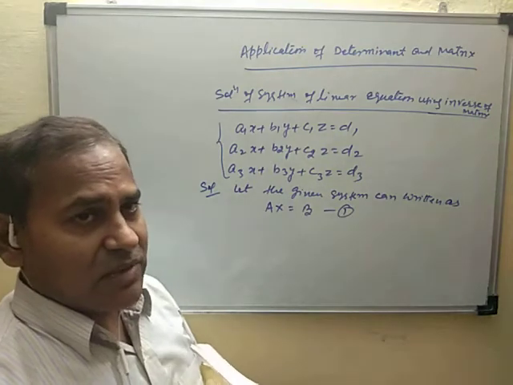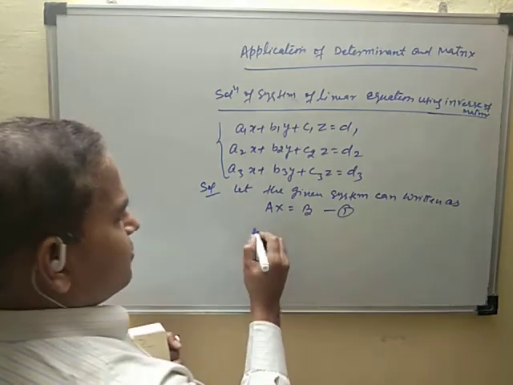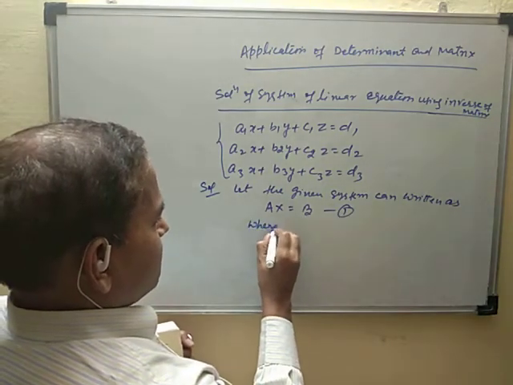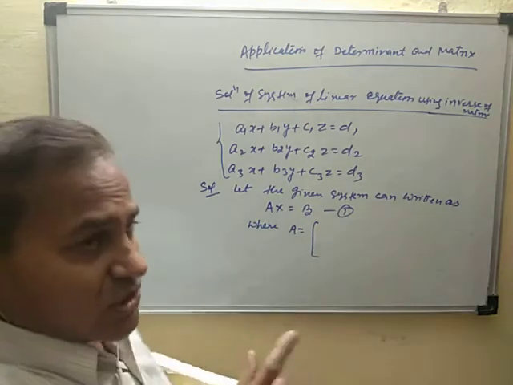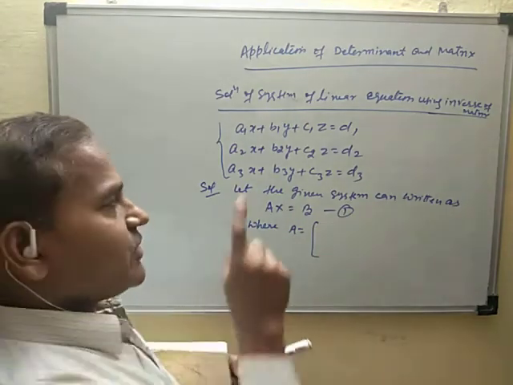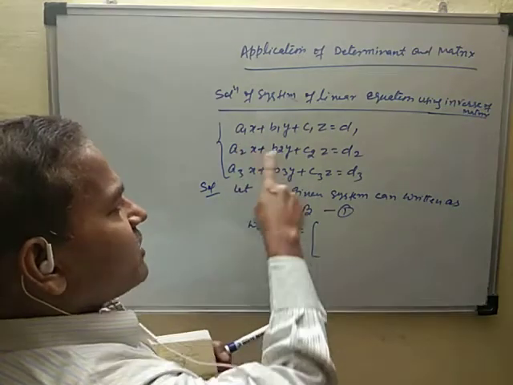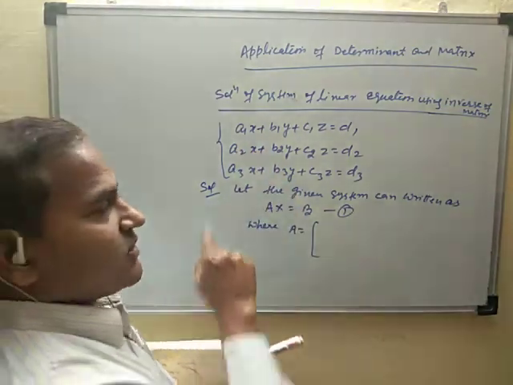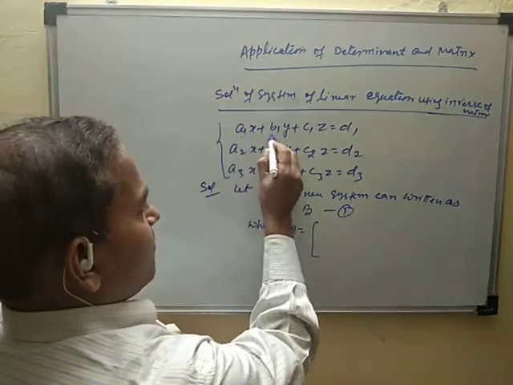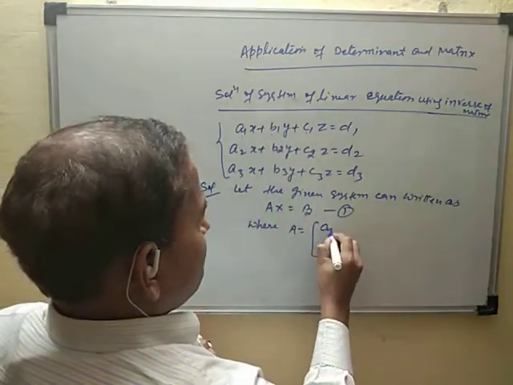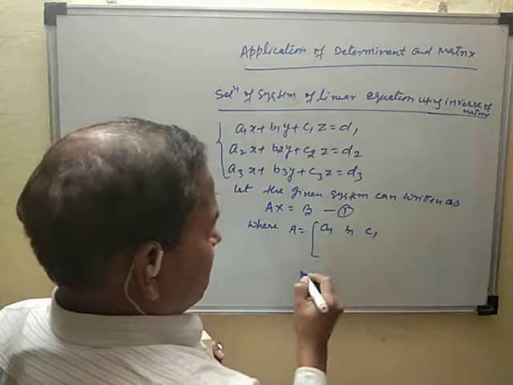What is A, X and B? So where A is the matrix whose entries are the coefficients of x, y, z. What are the coefficients of x, y, z in the first equation? a1, b1 and c1.